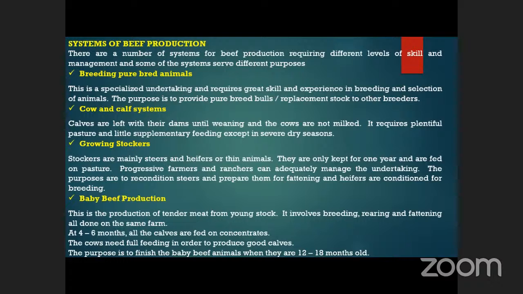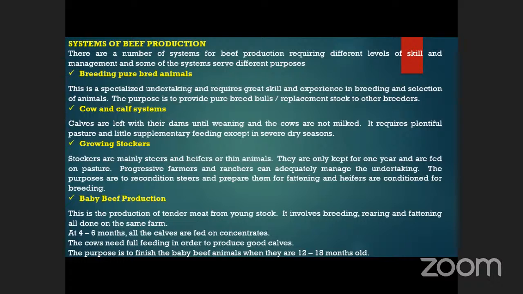So it's just like in a nursery bed. You have these young plants, the seedlings. Before you transplant them into the main garden, you have to first bring them up. If it is animals, you feed them properly, you control diseases, you do everything good such that the animal comes out with good vigor.